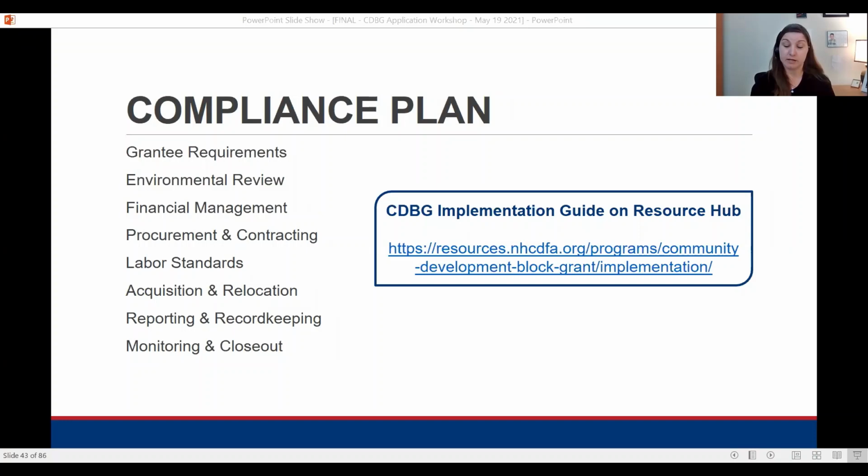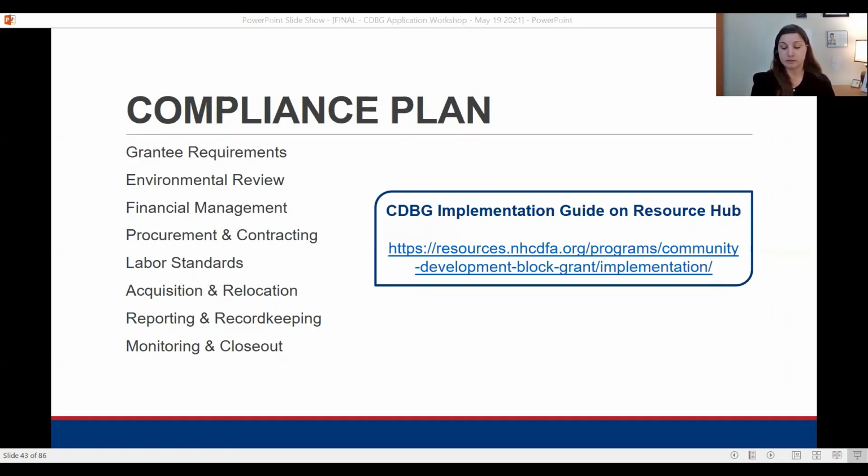If the applicant is awarded CDBG funds, then these compliance plans are going to be reviewed and finalized in a meeting with all the project stakeholders, because again, these are really critical requirements that the projects need to follow. So we will be working with you, should you be awarded funding, to make sure that all of these requirements are met.